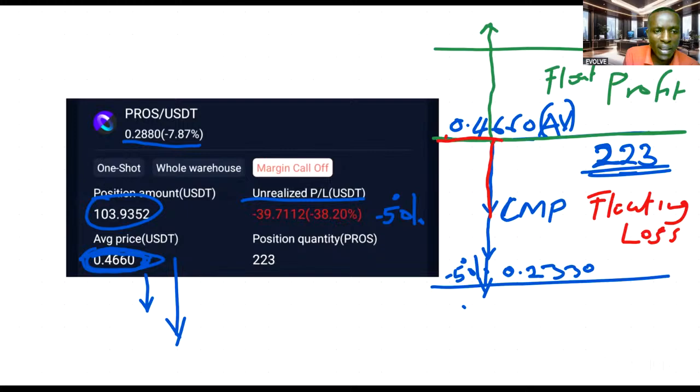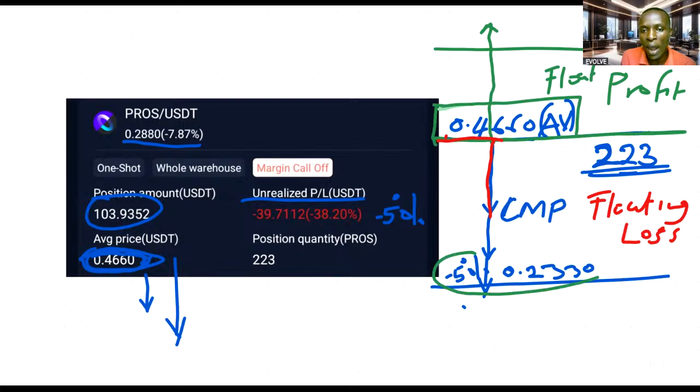So your trading goal should be to ensure that your average price does not go too far away from the current market price. Your average price should always be close to the current market price.